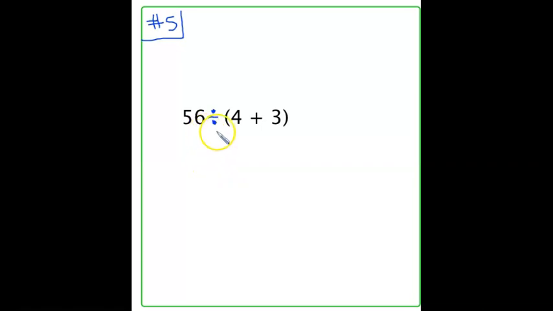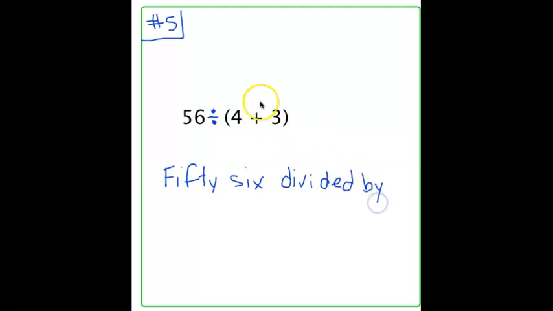So what do we have here? We have a division sign and then we have an addition sign. So starting from left to right, it looks like we have 56. And then what are we doing to 56? We're dividing it by something. Divided by what? What would we say this is?